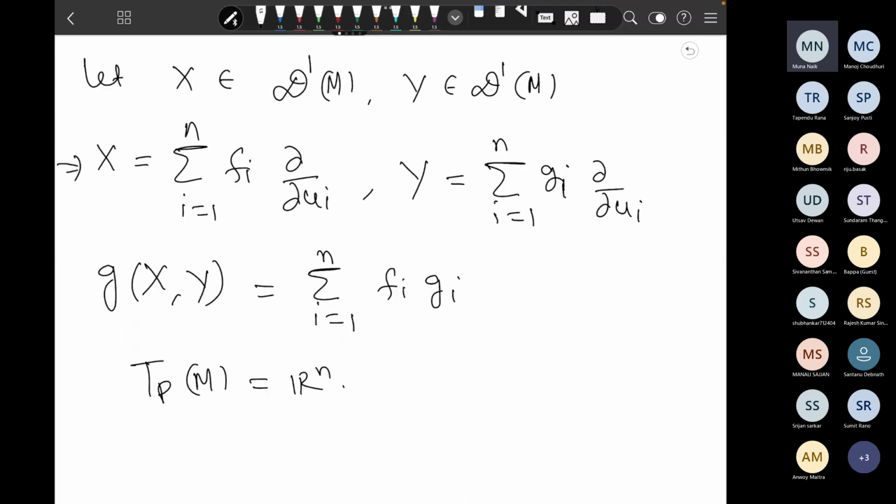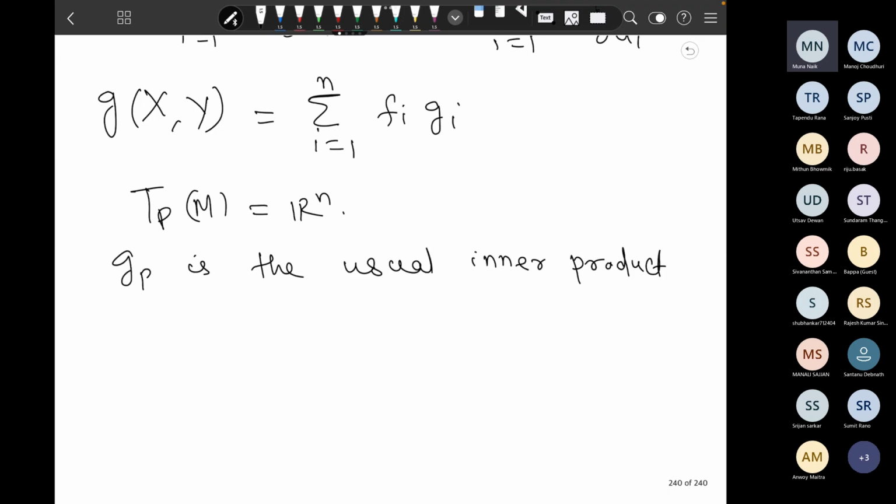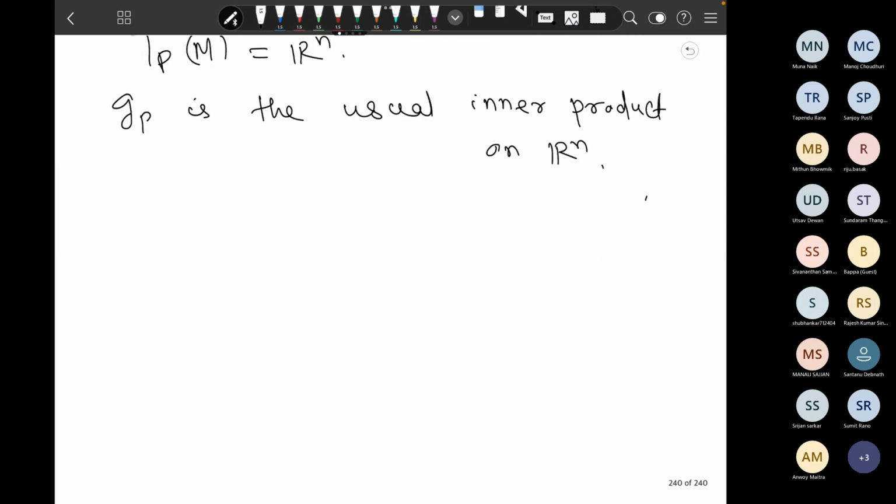TPM is equal to Rn, and gp is the usual inner product on Rn. Don't worry, we will see many examples of Riemannian metrics, because symmetric spaces carry special Riemannian metrics.